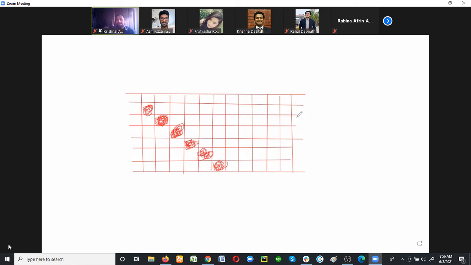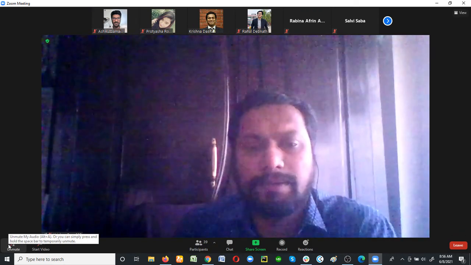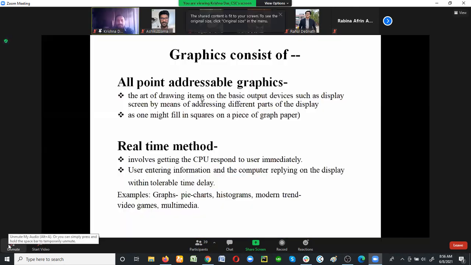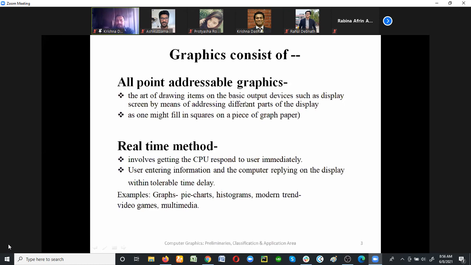So at the end of the day, all points of the image have been addressed with some value. Okay, so this is the most fundamental concept of computer graphics that we can say. So drawing items on the basic output devices, such as a display screen, by means of addressing the different parts of the display.